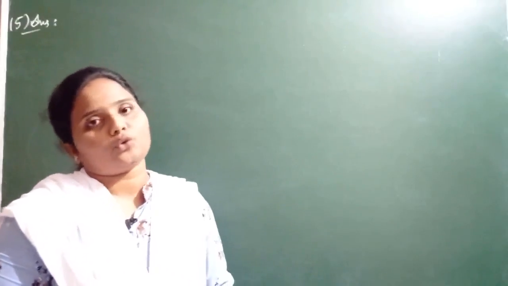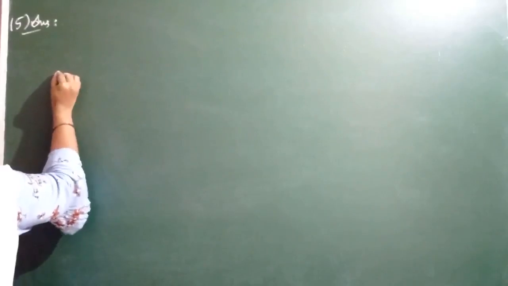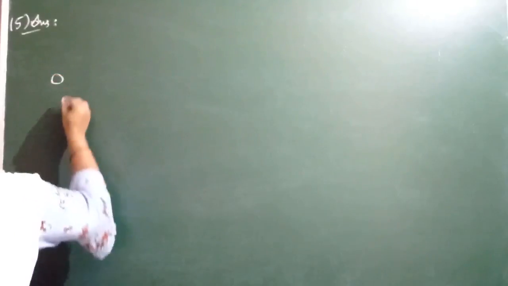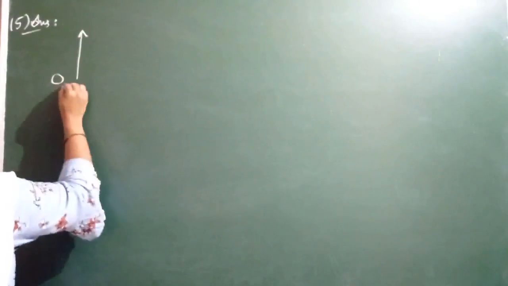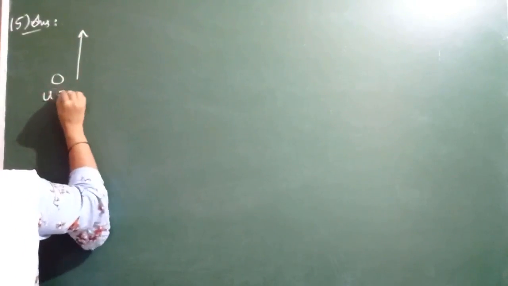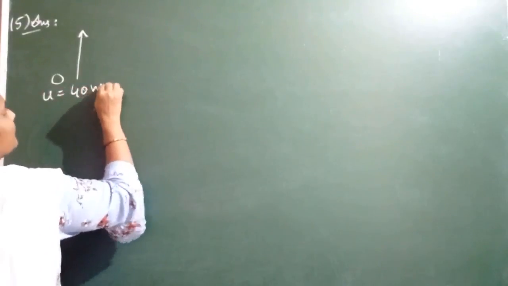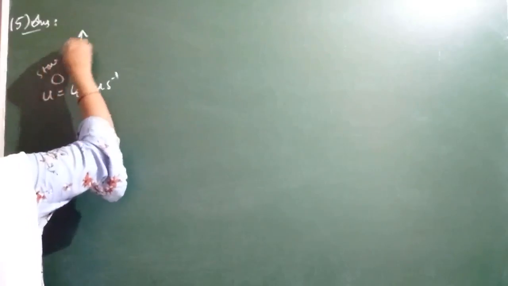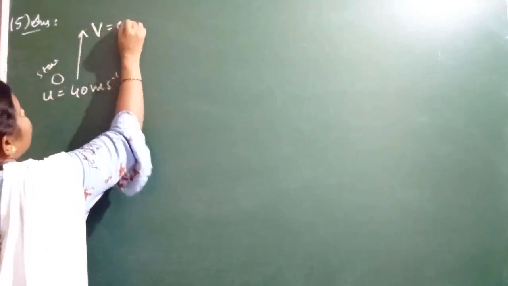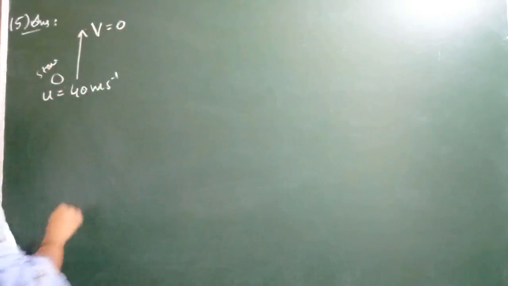Then calculate the maximum height reached by the stone and also the net displacement and the total distance covered by the stone. See children, let us assume this is a stone. This stone is thrown vertically upward. At this moment, its initial velocity is u equals 40 meter per second. Let us say this stone reaches up to here. Then its final velocity will be 0, isn't it children?